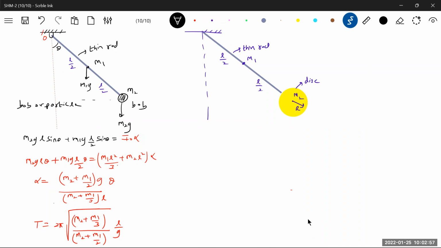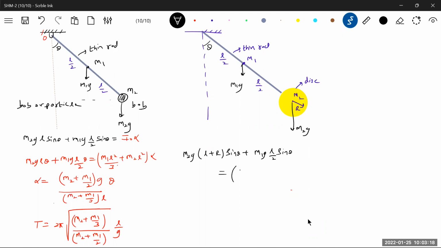So again, the method will be the same. The weight M1 g. I'll give a small angular displacement, and the weight of the disc will act here. So the torque setup will be M2 g (L plus R) sin theta plus M1 g (L by 2) sin theta.